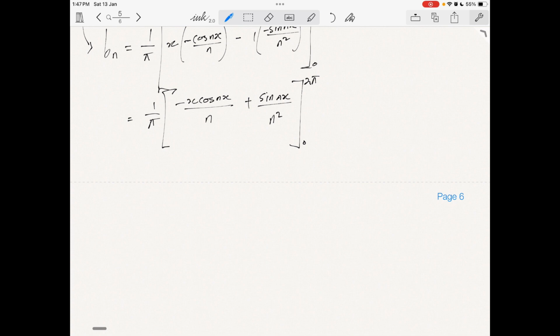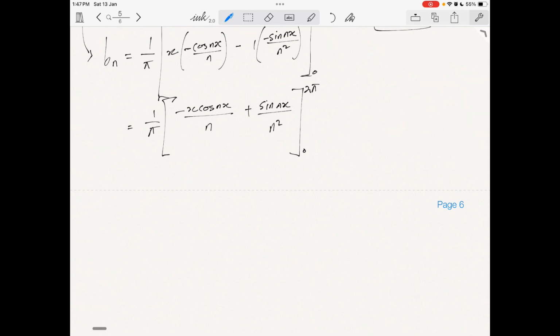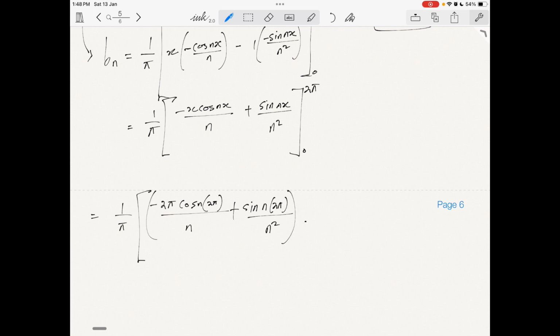So in essence, we put the upper limit and we also put the lower limit. So applying the upper limit, we have it to be 1 over pi from minus 2 pi, because wherever we see x, we put 2 pi, plus sine 2 pi over n squared, and then we subtract it from the lower limit.